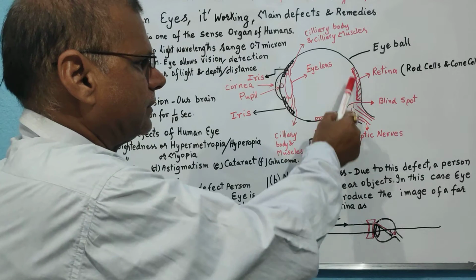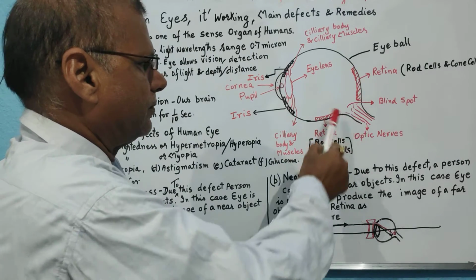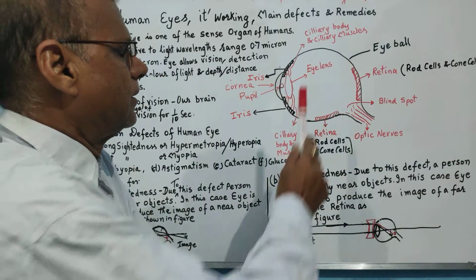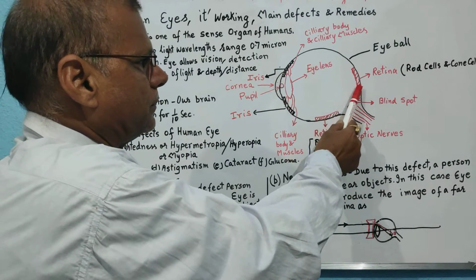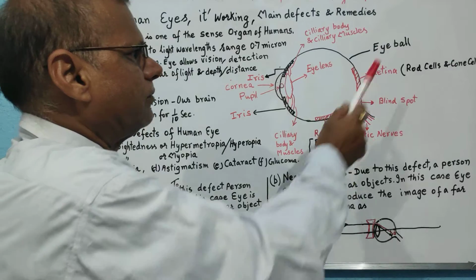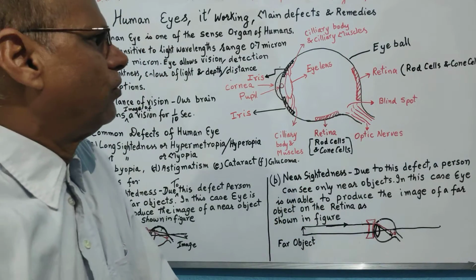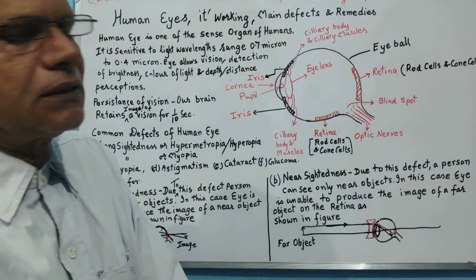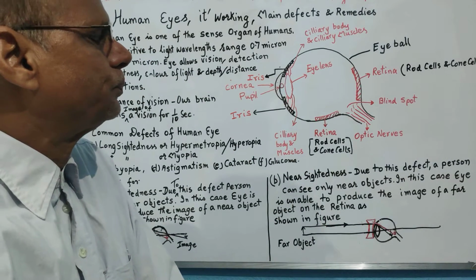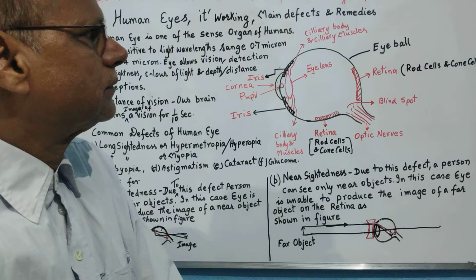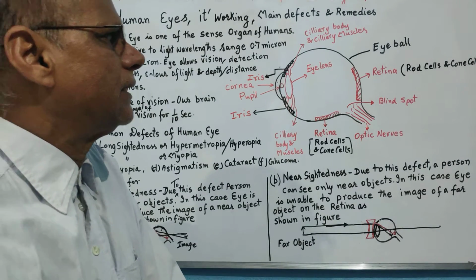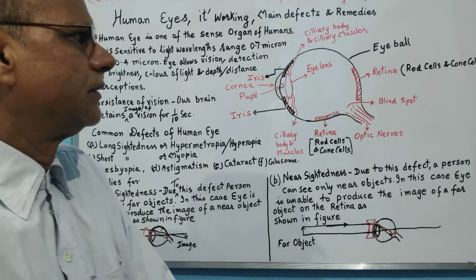Here we have the retina on either side of the wall of the eyeball, and here in the retina we have two types of cells. One is the rod cell, another is the cone cell. Rod cells are sensitive to the intensity of light, and cone cells are sensitive to the color of light.